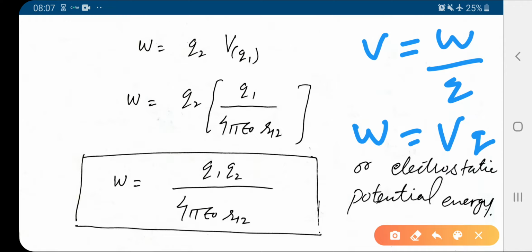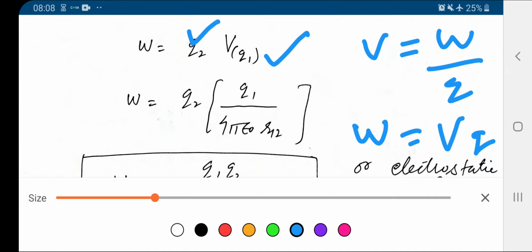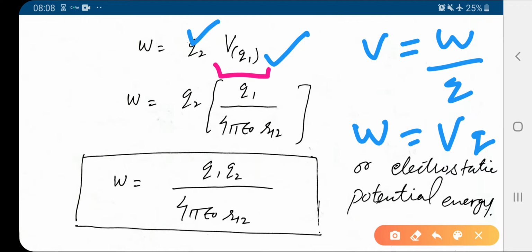The charge we have to place is q2, and the potential at point B where we want to place q2 is the potential due to q1. That means the point B where we place the new charge has a potential due to the first charge, which was already there, q1 at point A. So the potential at B due to charge q1, which I denote here by V_BQ1, is charge over 4 pi epsilon naught r12. So this will be the work done for charge q2.